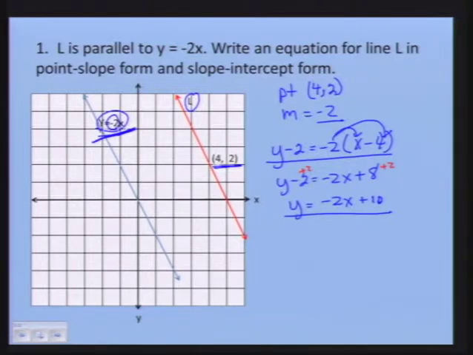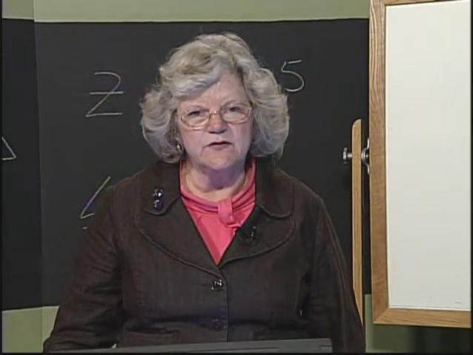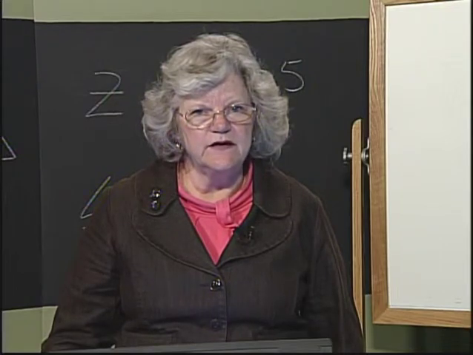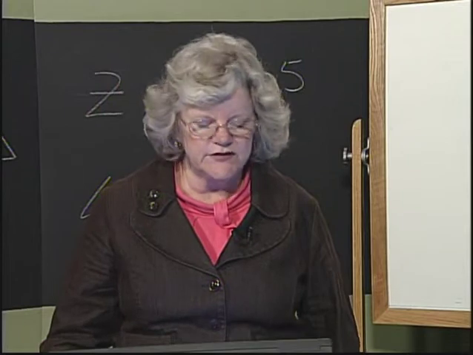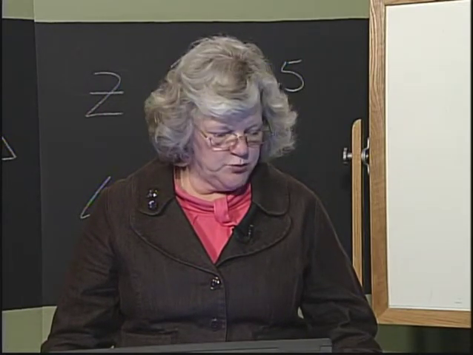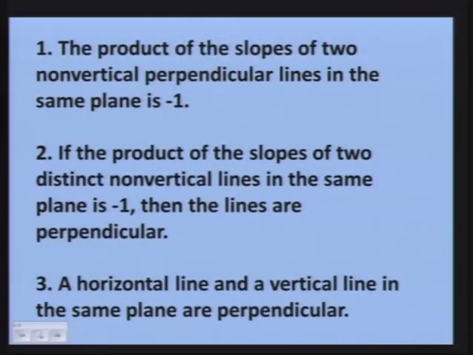Okay, we have this equation. Next, we're going to write the equation of a perpendicular line. Now, it's not quite so intuitive to give the equation of a perpendicular line because it's a little harder to get the slope. So we really need to look at the definition there before we try. And here, number 1, the product of the slopes of two non-vertical perpendicular lines in the same plane is negative 1.